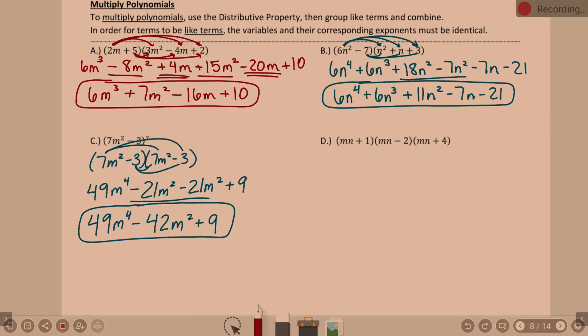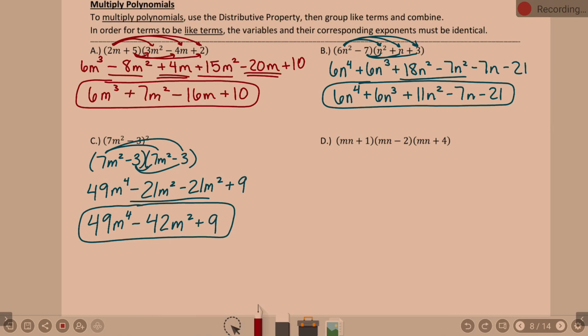What about D? Have you started D without me? Thoughts on what we need to do with D? Can you just FOIL the first two and then FOIL again? That's your best bet.